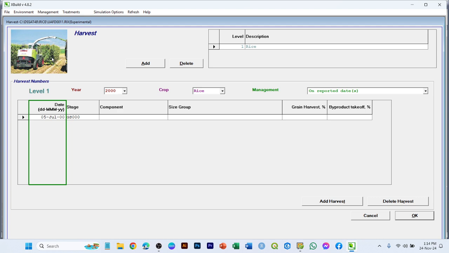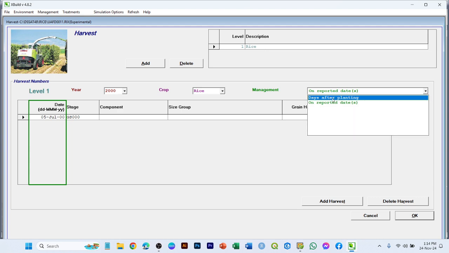There are multiple options over there. You can choose a date after planting and the unreported date. Unreported date means you have to mention the date of harvesting to get accurate results of your experiment.